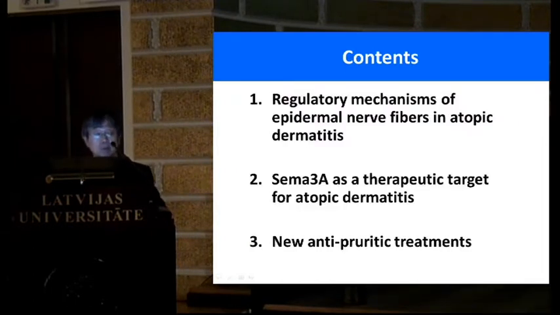Today, I would like to talk about three topics. First, regulatory mechanisms of epidermal nerve fibers in atopic dermatitis. Second, semaphorin 3A as a therapeutic target for atopic dermatitis. Third, new anti-pruritic treatments.